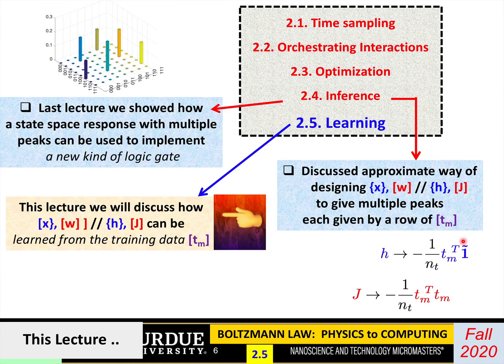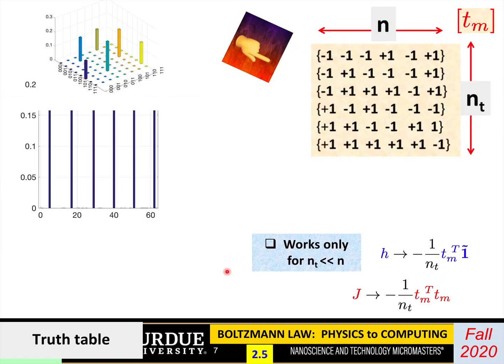What we'll do in this lecture is talk about a much more general method that is widely used. This method that I had mentioned at the end of the last lecture only works when you have very few lines of your truth table. Remember, this table tells you the peaks.